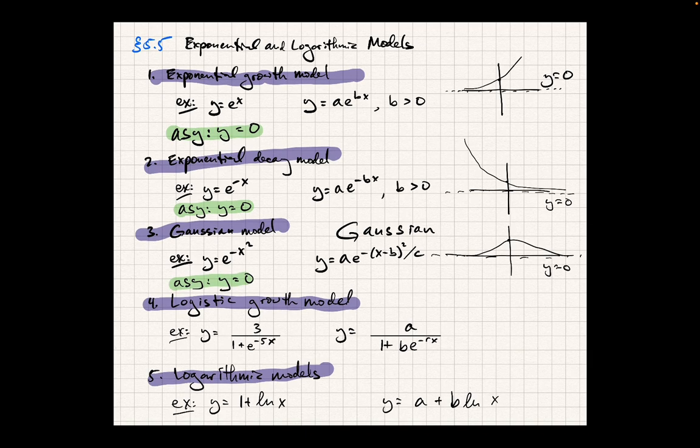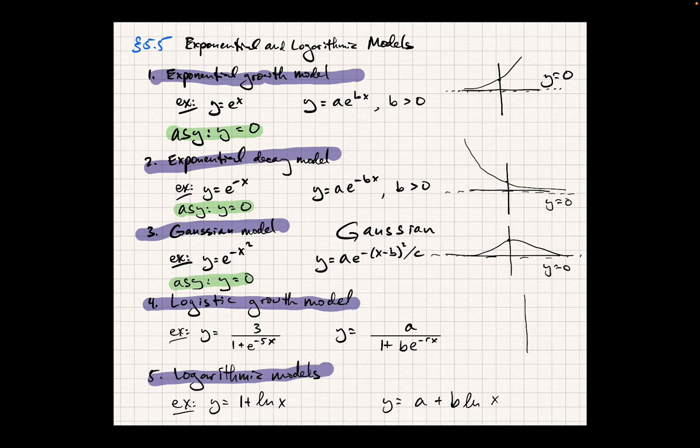Emily, can you help us out with number 4, logistic growth? The horizontal asymptote is 0. What does our graph look like?